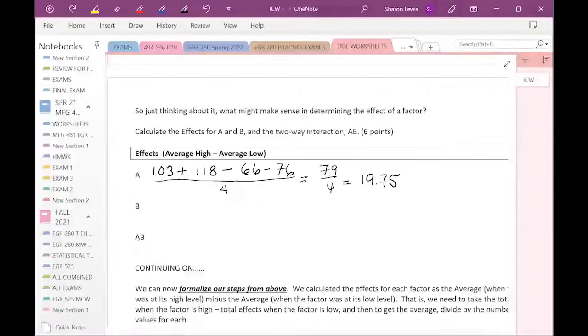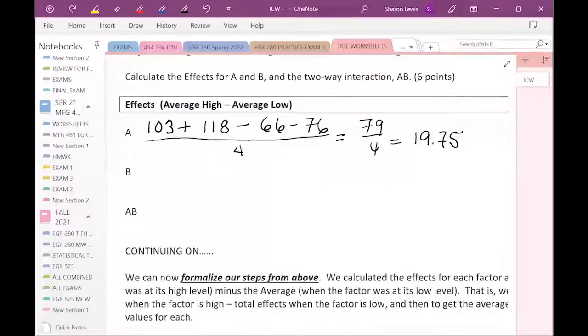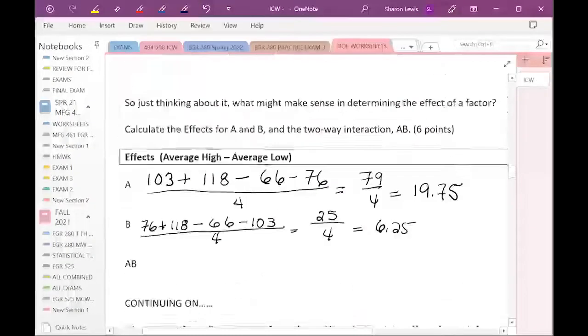Writing that down, that gives us 76 plus 118. Those were the 2 values high. And then minus the 2 that were low, 66 minus 103. When we work that out, that's equal to 25 divided by 4, or 6.25.